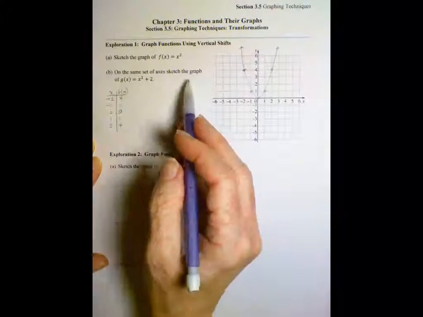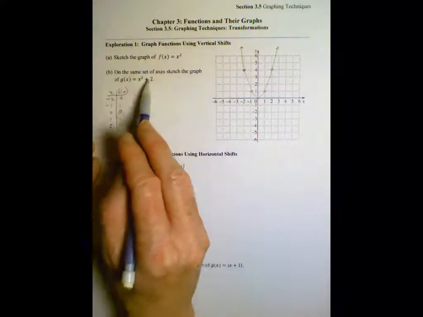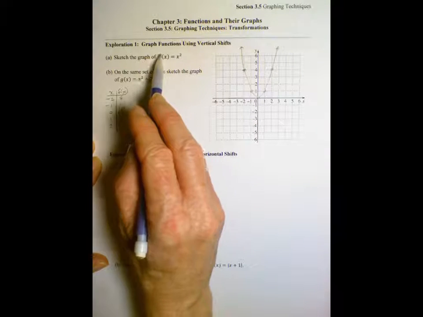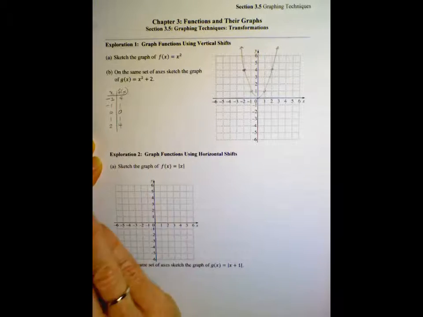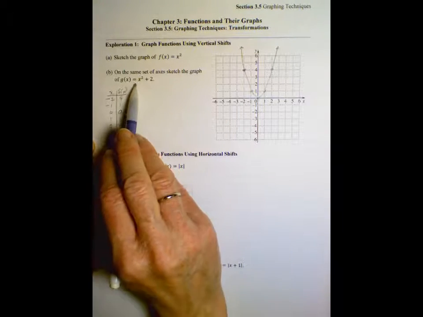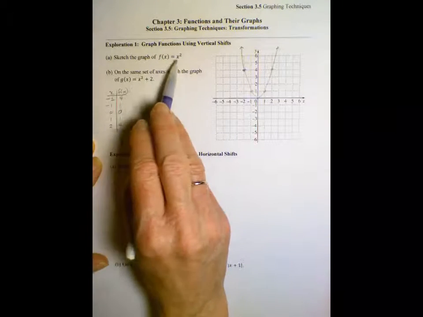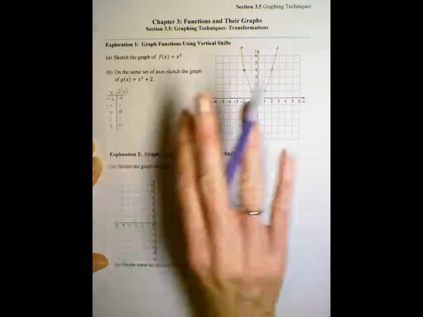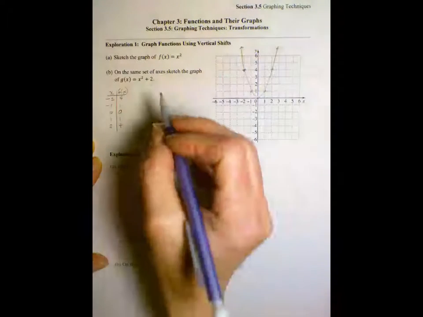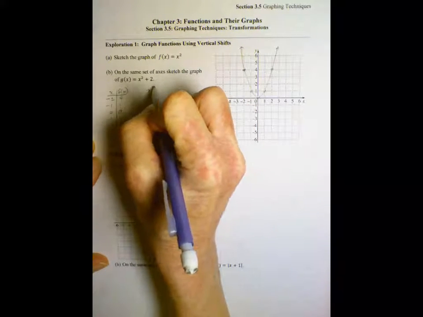So the question is, what does it look like if we start with that parent function of the square function and transform it by adding 2? First we evaluate the function, x squared, the original function, and then add 2. So the add 2 is outside of the original function. So let's make a new table.